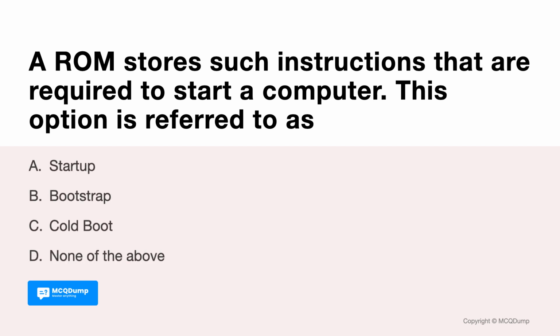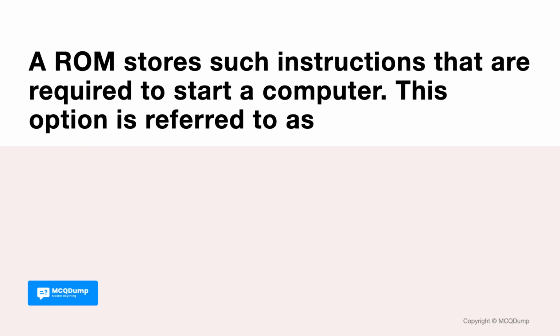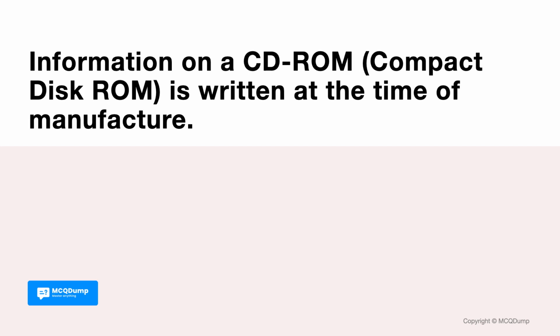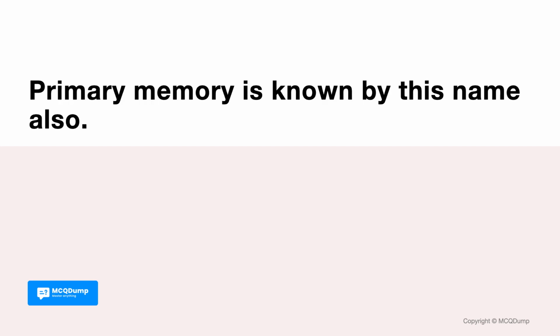Options are A. Startup, B. Bootstrap, C. Cold boot, and D. None of the above. Answer is B. Bootstrap. Information on a CD-ROM, compact disc ROM, is written at the time of manufacture. True or false? It's true. Information on a CD-ROM, compact disc ROM, is written at the time of manufacture.